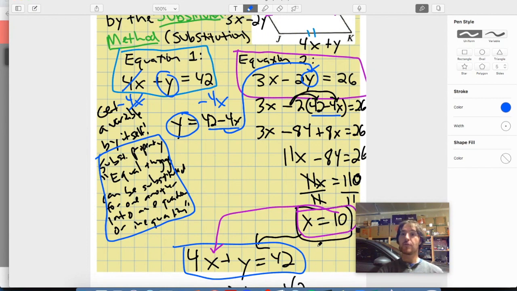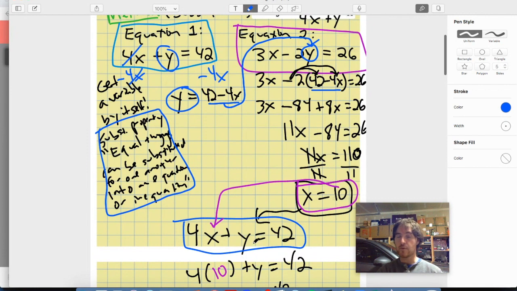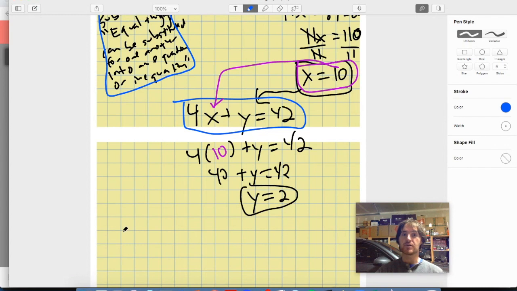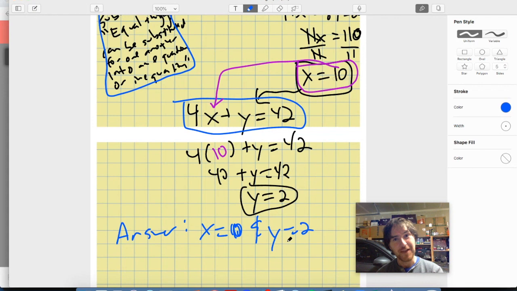Then solve for the numerical value of the other variable to find the common solution. So our answer is x equals 10 and y equals 2, which is the same thing we had in video number 1 with the equal values method.